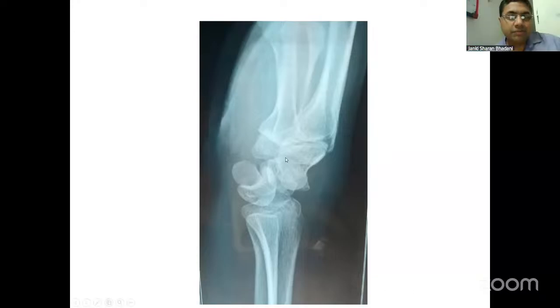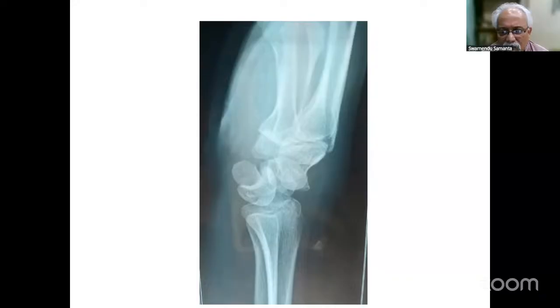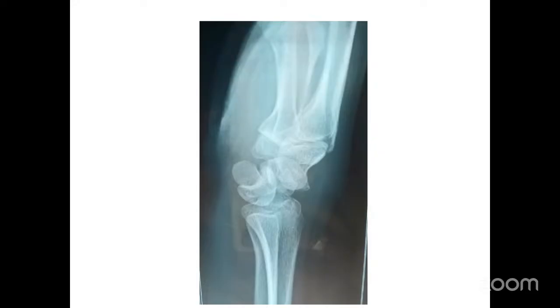Okay, that's a type of perilunate dislocation. Read about the perilunate dislocation, then you will understand how you have to read the Gilula lines. You have the greater arc and the lesser arc. Then you have to read the X-ray properly.